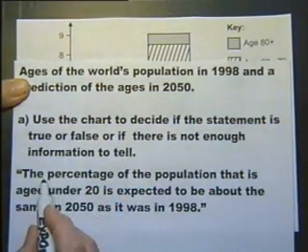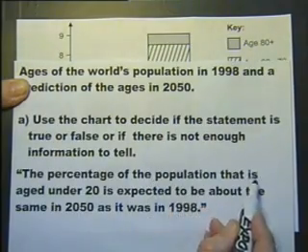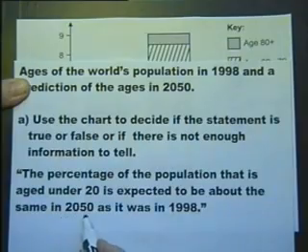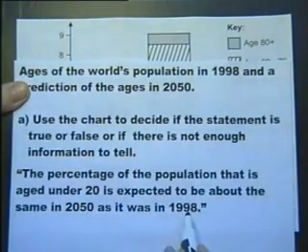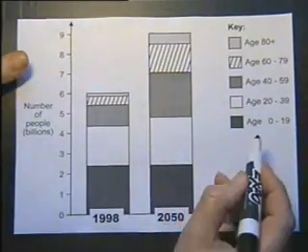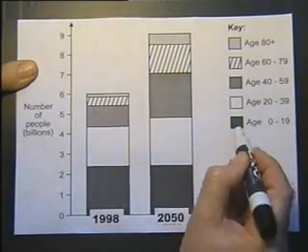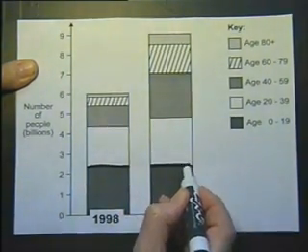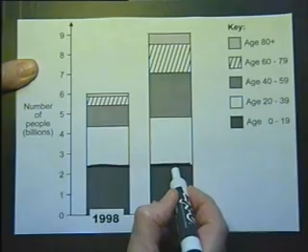tell. The percentage of the population that is aged under 20 is expected to be about the same in 2050 as it was in 1998. Under 20s. Well, this is 0 to 19, so this is under 20s, and you can see in fact it is exactly the same.